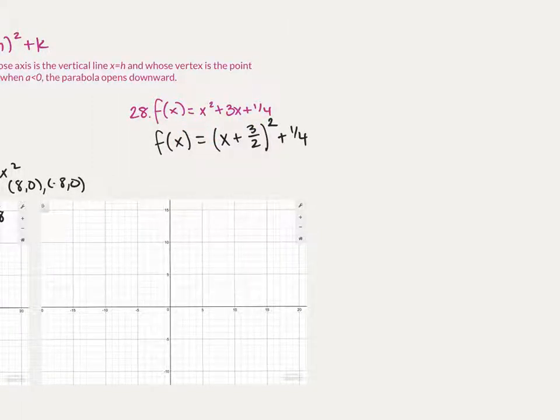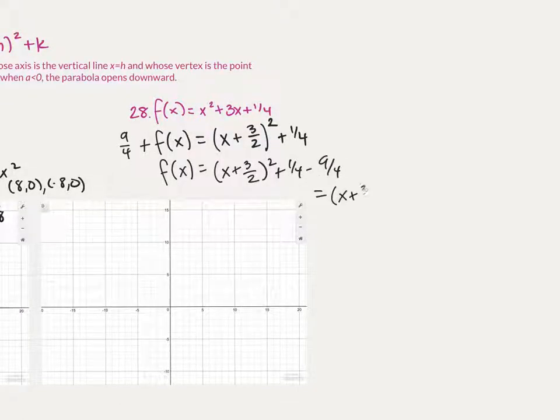So plus 9/4. So f of x will be equal to quantity x plus 3/2 squared plus 1/4 minus 9/4, or quantity x plus 3/2 squared minus 2.